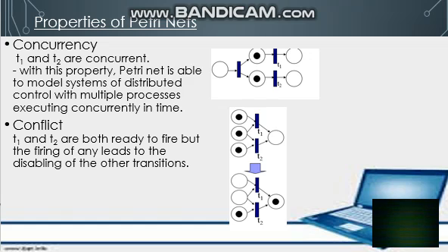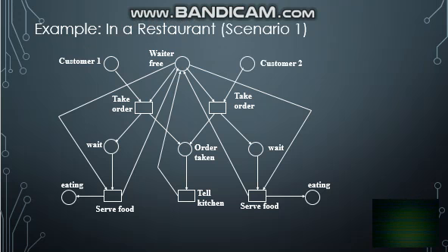And lastly, we have here two types of scenarios in a restaurant. We have a waiter and two customers. In scenario 1, the waiter takes an order from customer 1 and tells it to the kitchen.